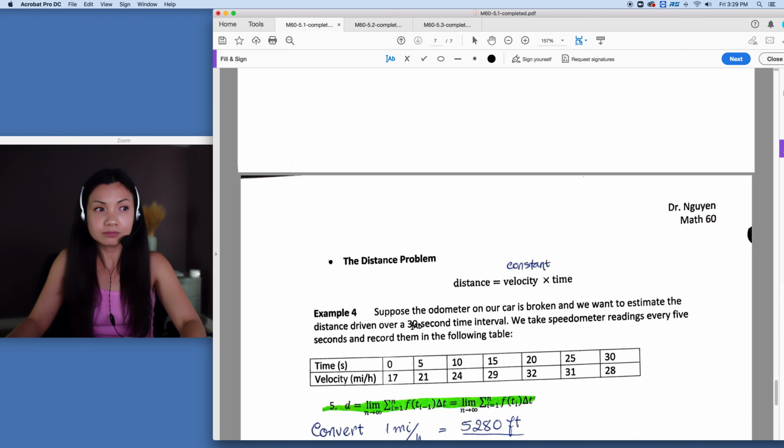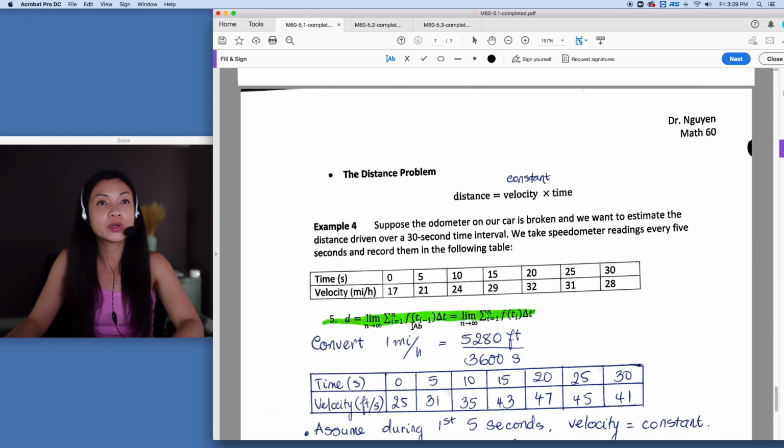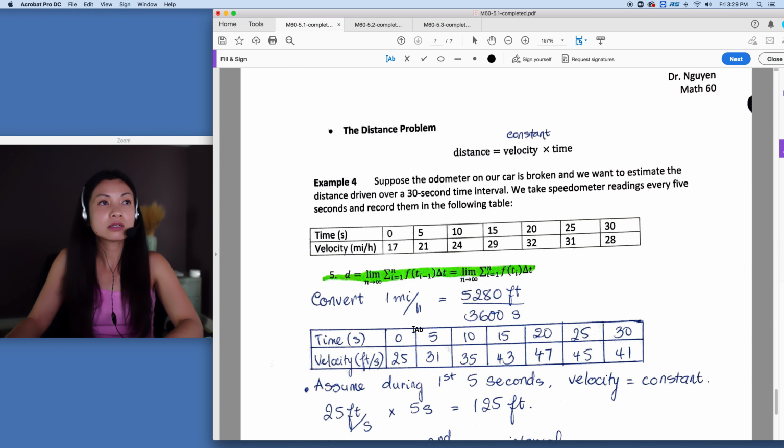All right. Moving on to the distance problem, just like in chapter 2. For the distance problem, we have distance equals velocity times time. Now, you see right here, I have the example.